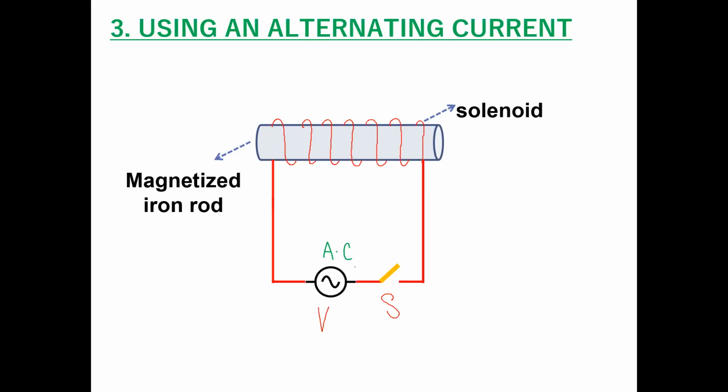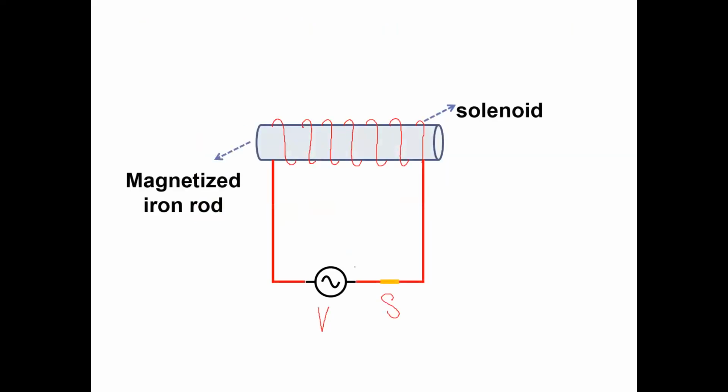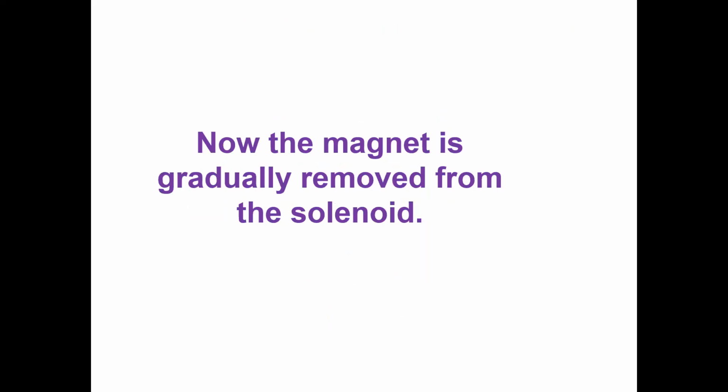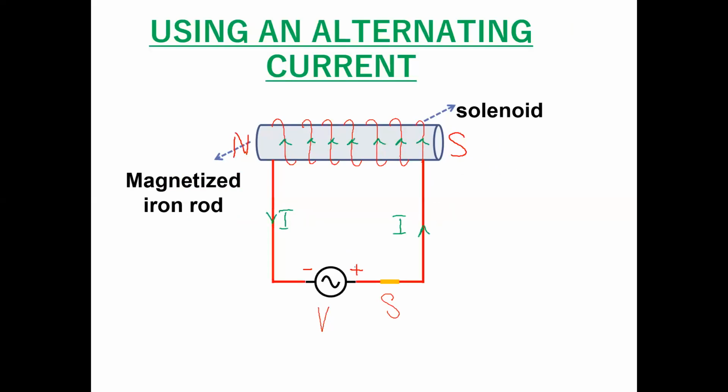Now, what is the concept? If you use DC, you will get it magnetized. If you use AC and you pull out the magnet, when you close the switch and allow the current to pass through the solenoid, this is how you have to do it. Now the magnet is gradually removed from the solenoid. You have to take it out and it will be demagnetized. Internally, this happens. Look, actually the polarity of the alternating circuit is continuously changing. This will shuffle the magnetism and the rod will be demagnetized.